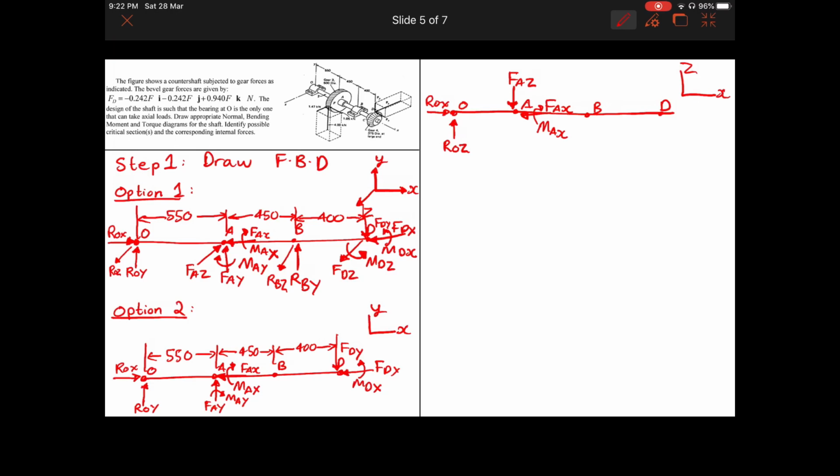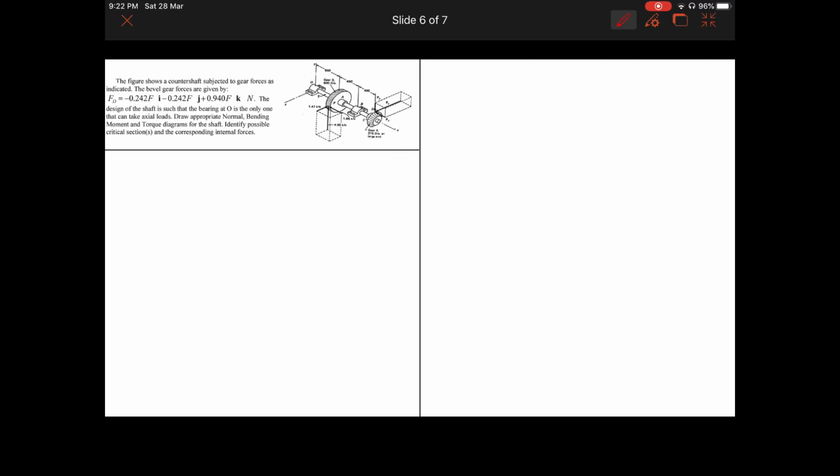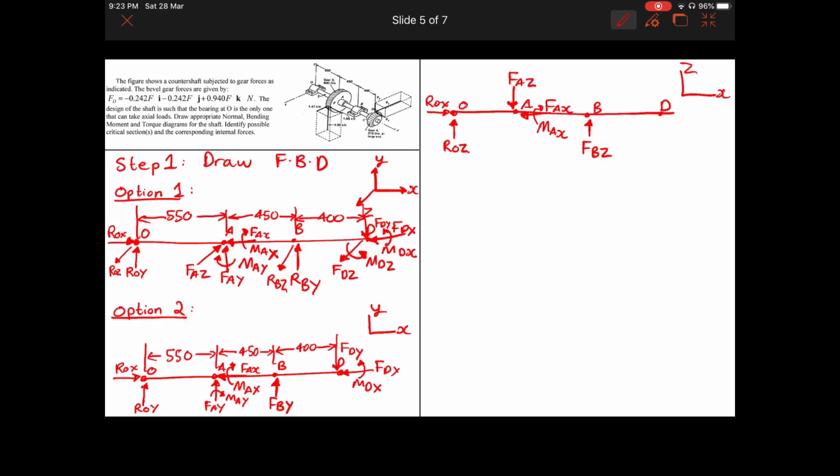And for the location B, we have FBZ. I forgot to mention the force here on the other diagram. It was FBY. And at location D, we have, this one is positive, so it has to be this way, FDZ.